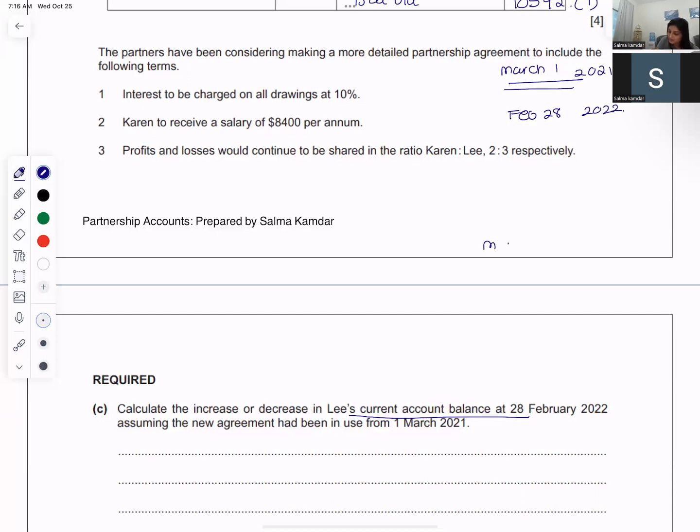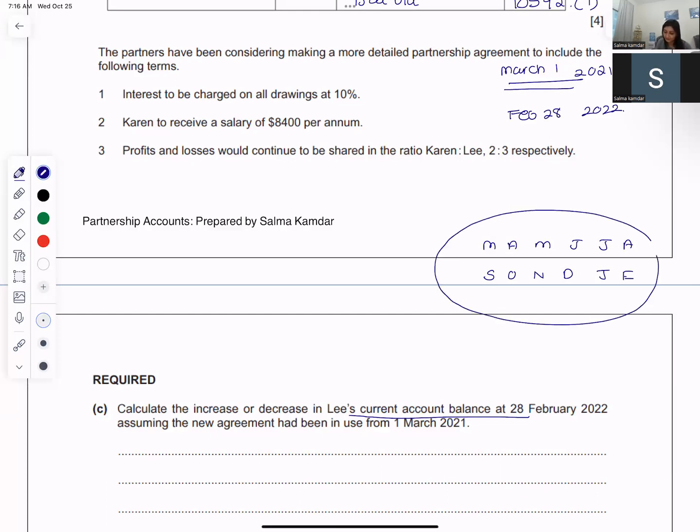That is March, April, May, June, July, August, September, October, November, December, January, and February, for the 12-month period.